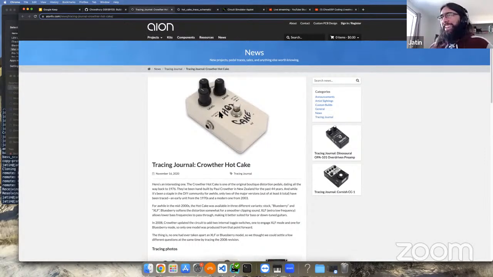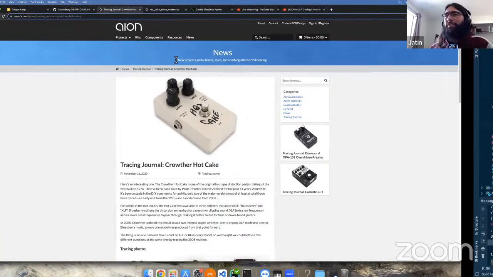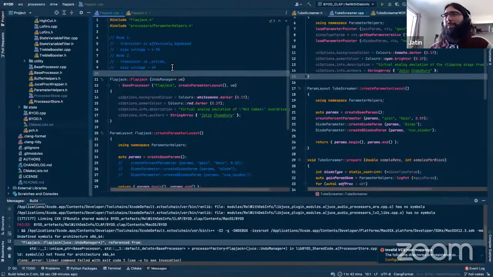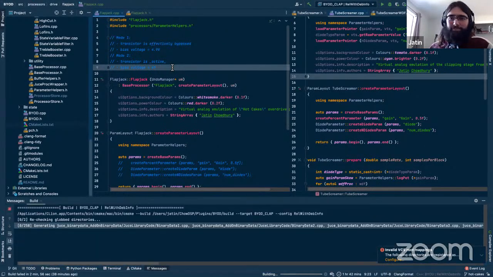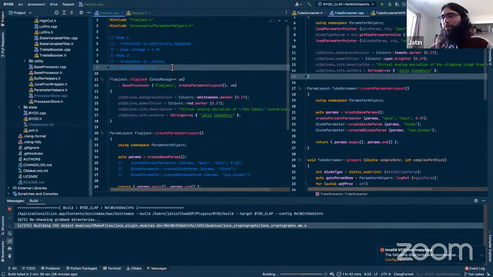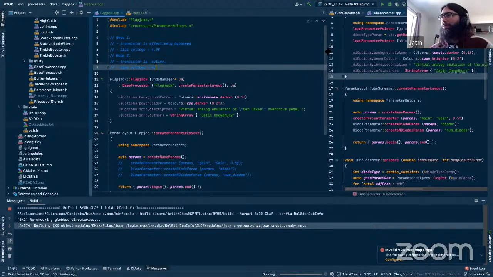Hot Cake is the name of the pedal, and what I'm making is just a model of it, so I want to give it a different name. For now, I've gone with Flapjack. I don't know if that's the best name, but hopefully that's good enough for getting around any potential intellectual property concerns.